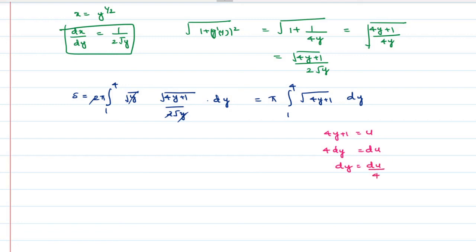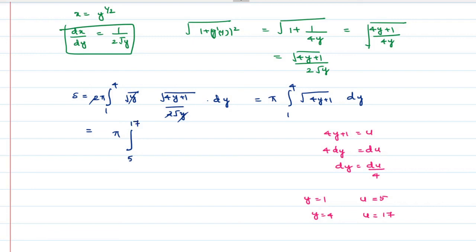And coming to the limit, when y is equal to 1, what about u? u is equal to 5. When y is equal to 4, u is equal to 16 plus 1, which is equal to 17. Right? Then we can come to our formula, pi into integral 5 to 17.